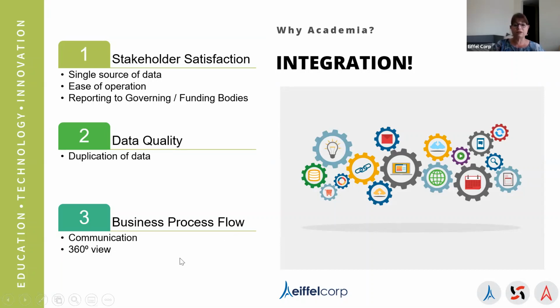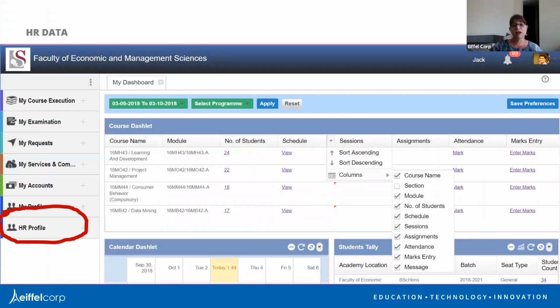Business process flow is the third component that has an influence on integration, and that has to do with the communication that you want to make sure is part of the process flow that you have in your institution. Now, if your communication tool lies outside of the system, it is very difficult to maintain and to make sure that you have proper communications.